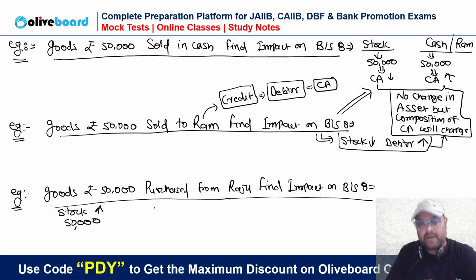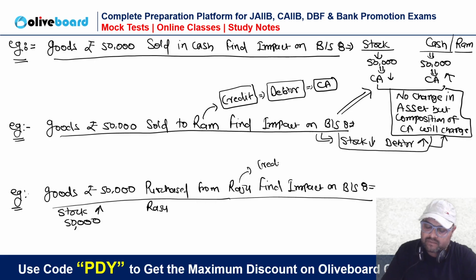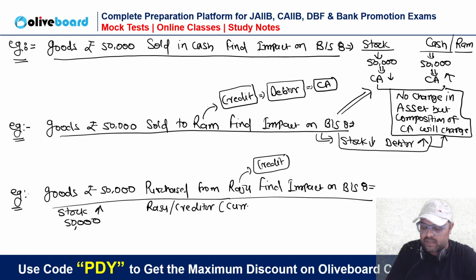But when you are buying from Raju, and because the name is given, you are buying it on credit, Raju is your creditor and creditor is a current liability. So your current liability is also increasing by 50,000.